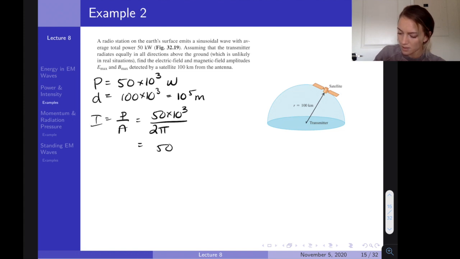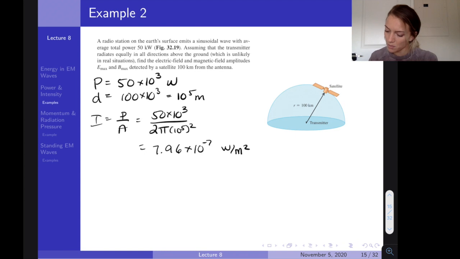The r is 10 to the 5th, squared. So this comes out to 7.96 times 10 to the negative 7, and this is in watts per meter squared.